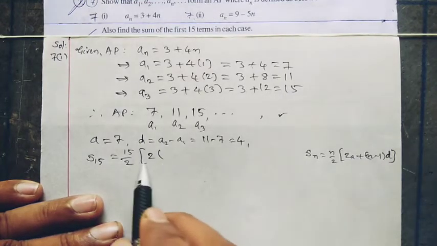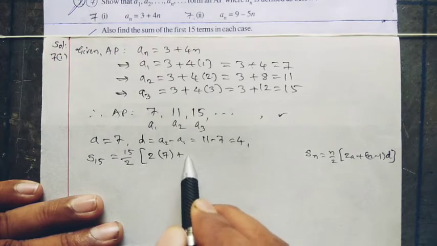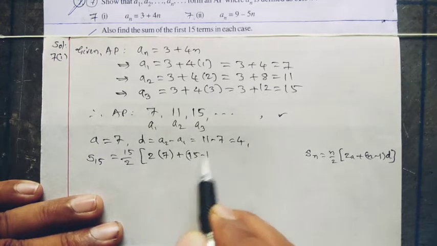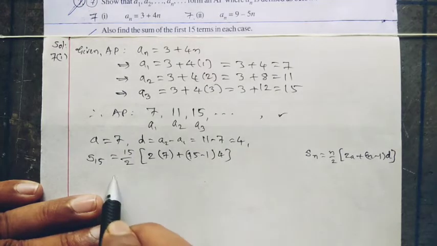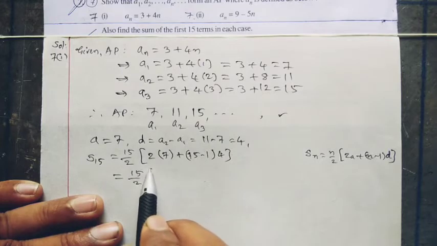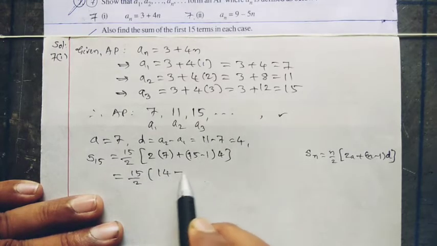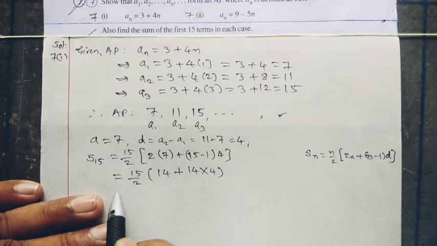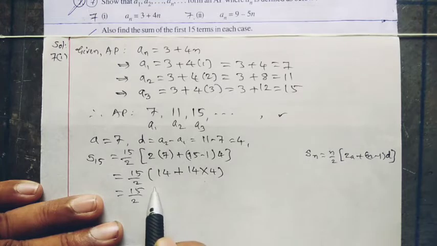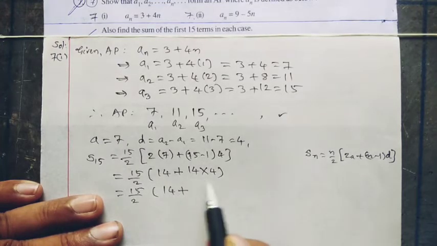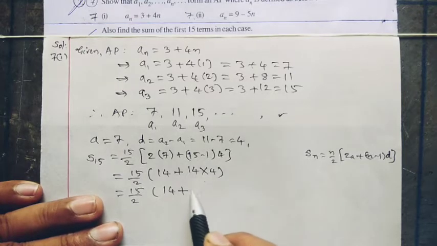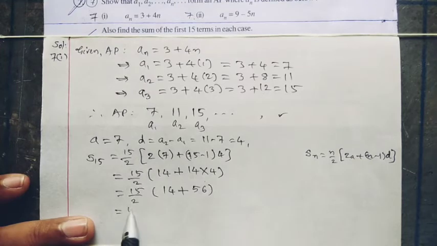This is the formula. 15 by 2 into (2 into 7 plus (15 minus 1) into 4). 15 by 2, 2 sevens are 14, 14 plus 14 fours are 56, 15 by 2 into 70.